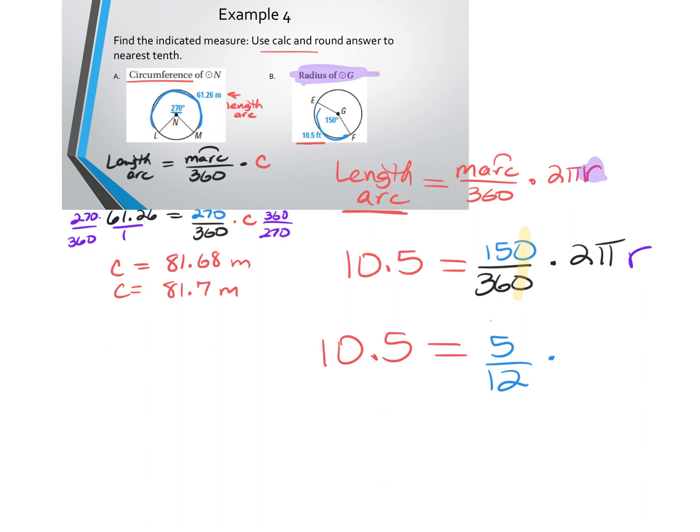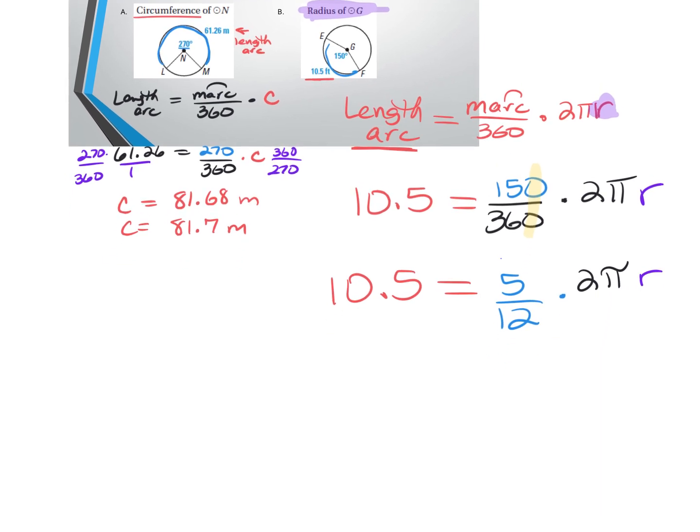And then I still have the 2, the pi, and the r. And then I can simplify the 2 and the 12. Make this a 1 and a 6. So now I'm at 10.5 is equal to 5/6 pi times the radius.